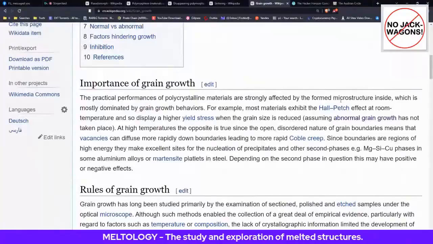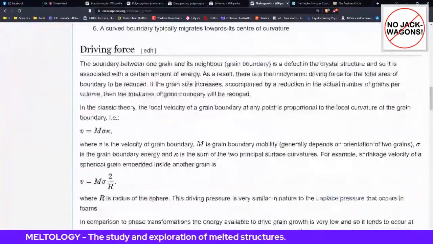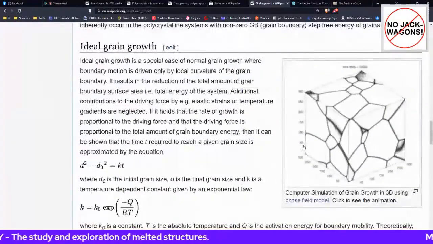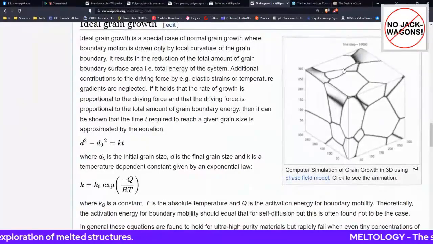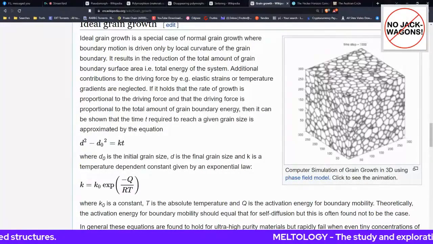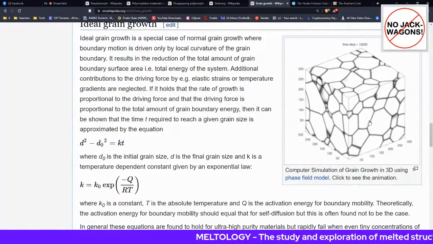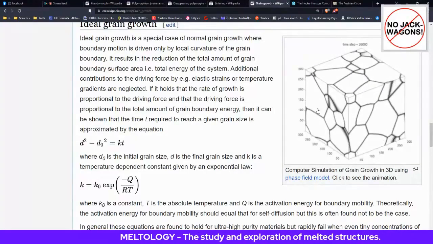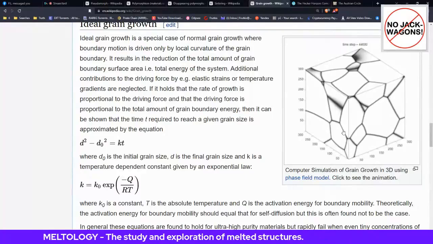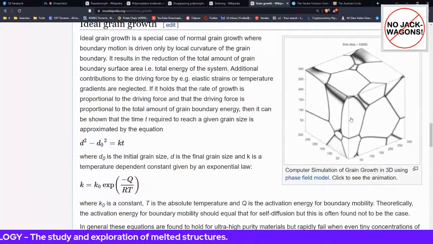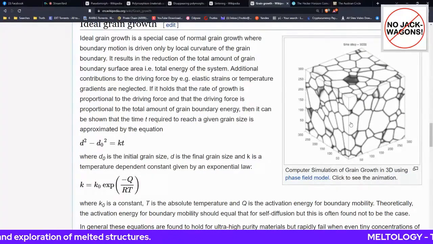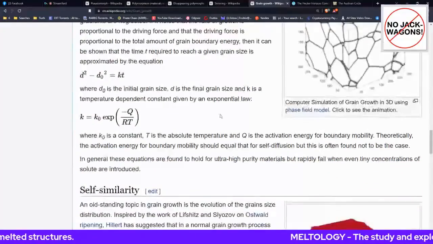Where was it? The normal grain growth. This is what they call the normal grain growth. All equal parts, really consistent. You can see it becomes, from small particles, these polygonal walls.